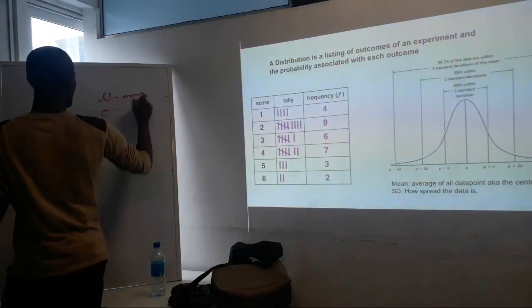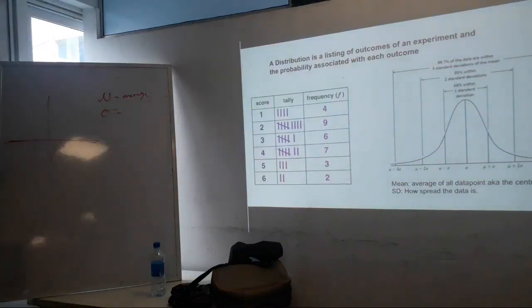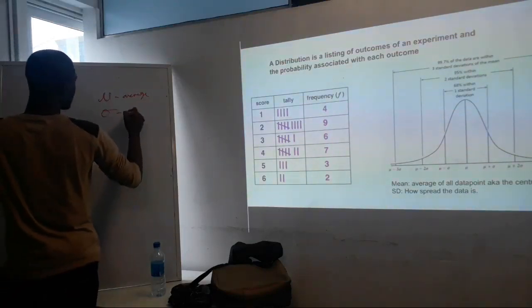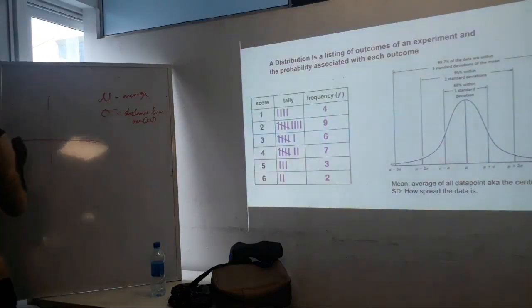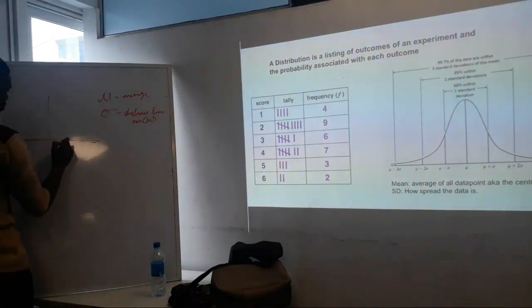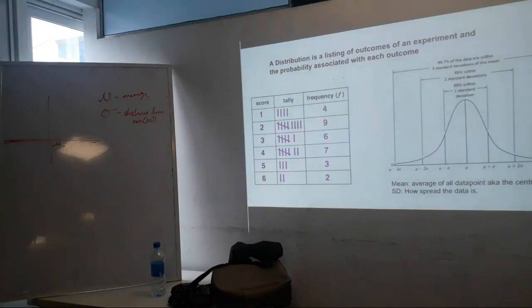So average. So what's this? The distance from the mean. This is the distance from the mean, how it deviates from the mean. So this is the mean.